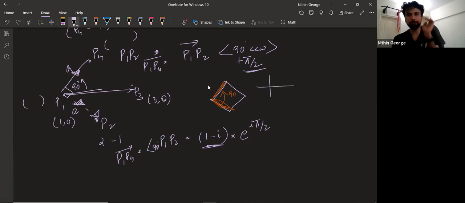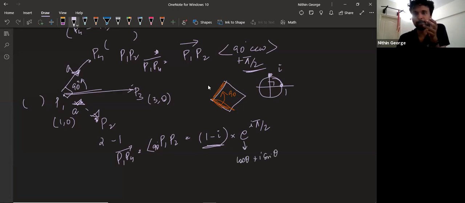So whenever you say e power i theta, imagine a unit circle. When theta is 0, you're referring to the point 1. When theta is pi by 2, you're referring to this one, i. Or expand this: cos theta plus i sin theta. Cos pi by 2 is 0 and sin pi by 2 is 1. So you're left with i here. Okay. Got this? This is i only.